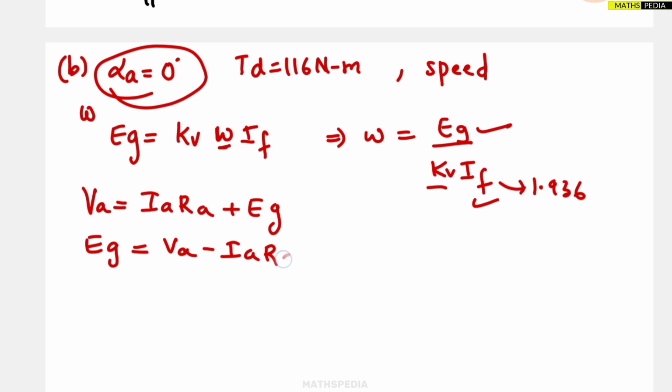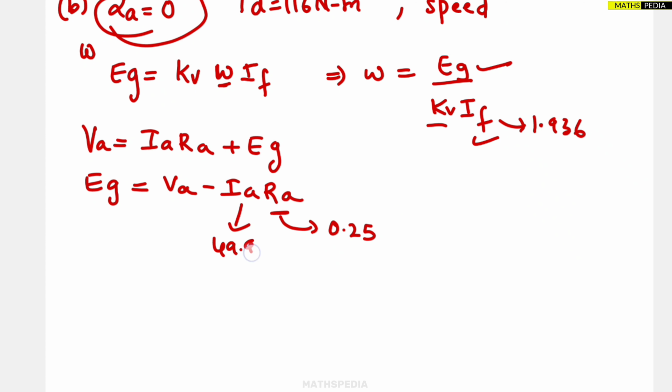RA we know it is 0.25, given in the question. IA we calculated, you remember, is 49.93. That is also fixed. What about VA? VA is directly related to alpha A. For that reason they said alpha A should be taken as 0.